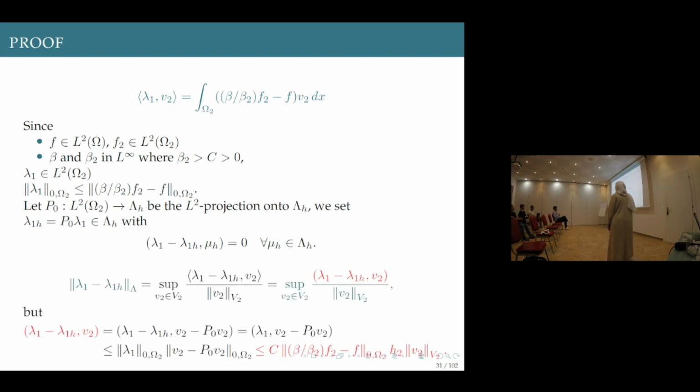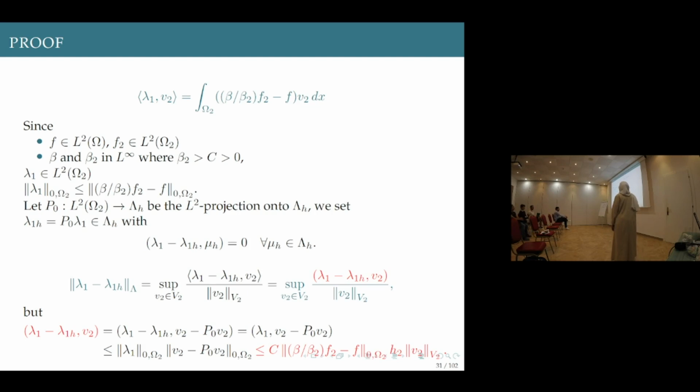So the dual norm of lambda 1 minus lambda 1h is the supremum of the duality of lambda 1 minus lambda 1h and v2 divided by the H1 norm of v2. This is all L2, so we can replace it with the L2 scalar product. And we notice that here we can subtract the projection of v2, which is in lambda h.